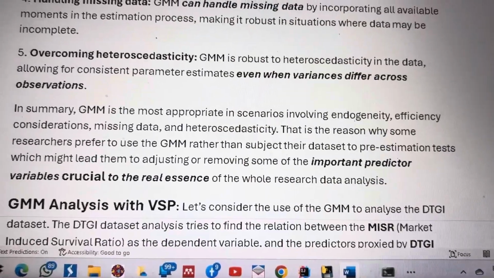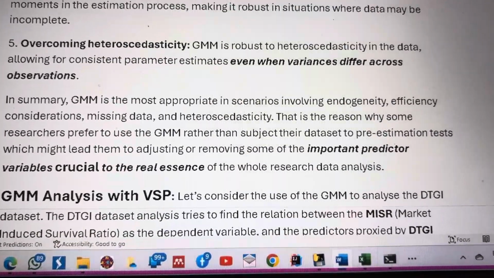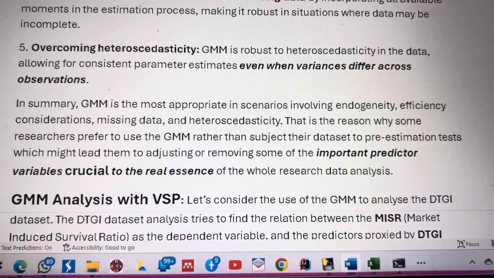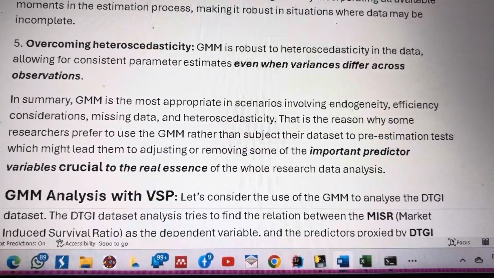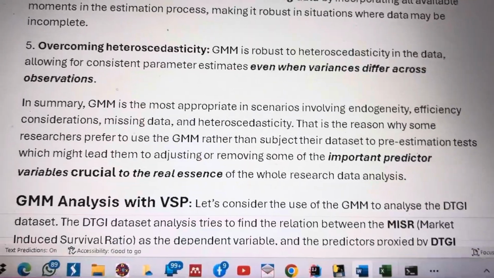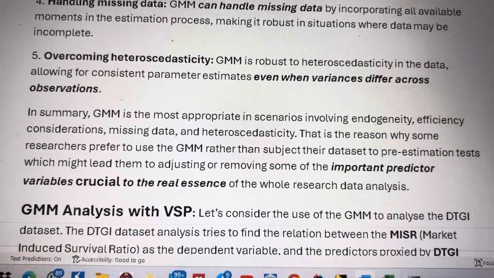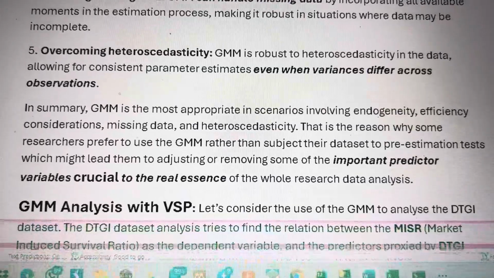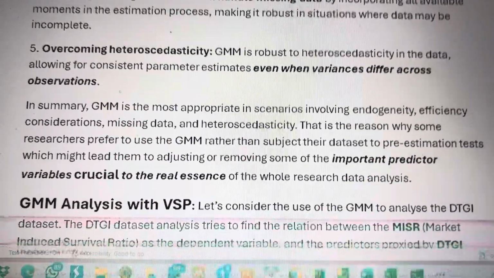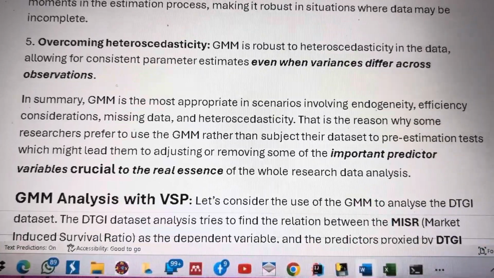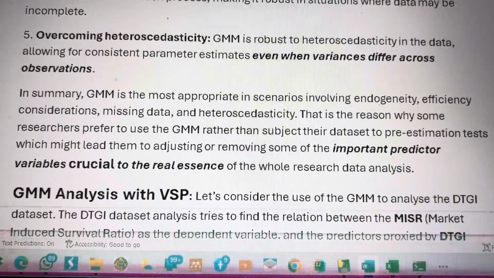Now, the important thing to note here is that if all the variables are important to your analysis, why remove any of them? That some of them cause the R squared to be very small means that there is something, maybe as a result of many variables.